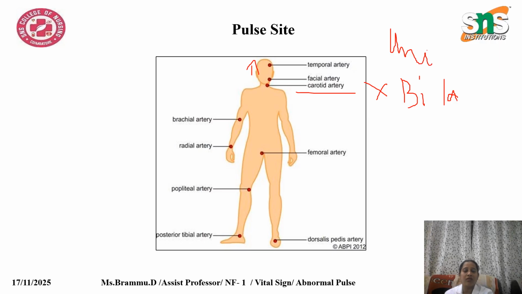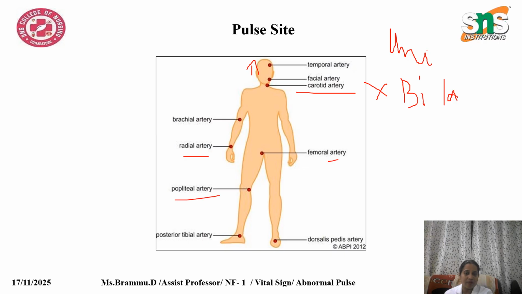Next, you can feel the pulse at the brachial artery, both right and left. You can also assess the radial artery, which is found very close to the wrist. Draw a small imaginary line from the thumb, and where it joins the wrist is your radial artery. Then comes the femoral artery, which is placed on the groin, right and left.